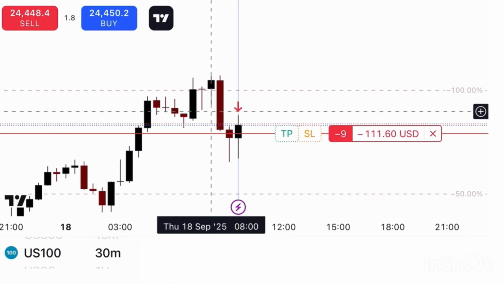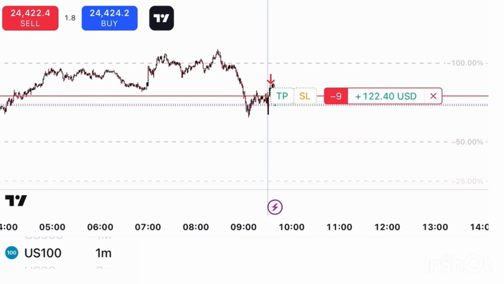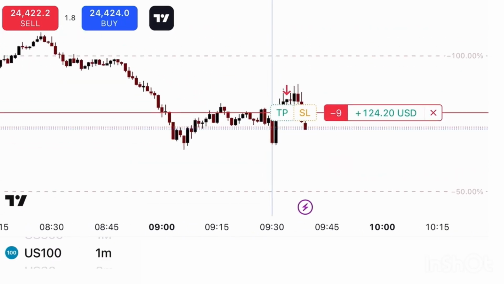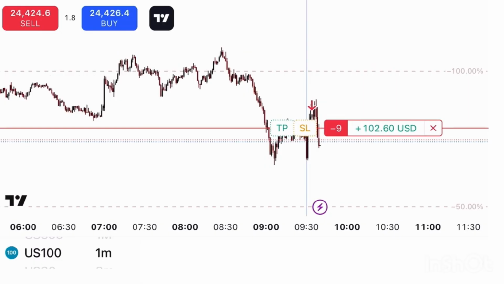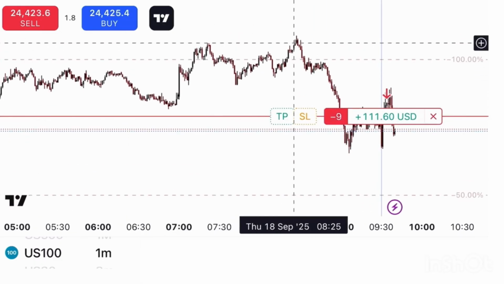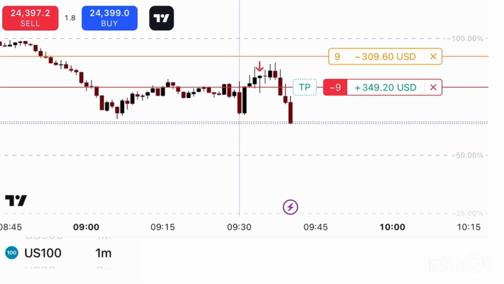So before 9:30 expands down, it's having a retracement back to premium, to these fair value gaps and inefficiencies and order block. So the price is expanding down. I also like to mention that I'm taking this trade on this paper trading account and not on my prop firm account.